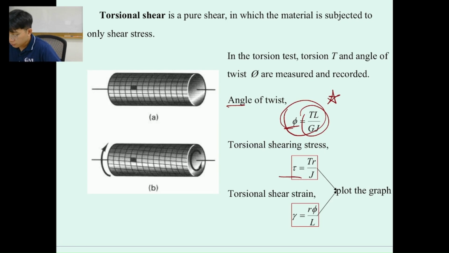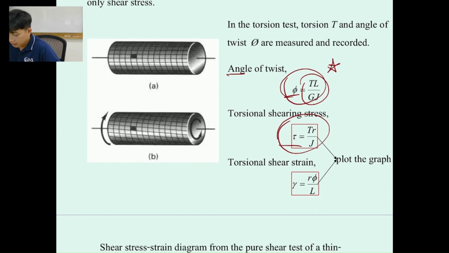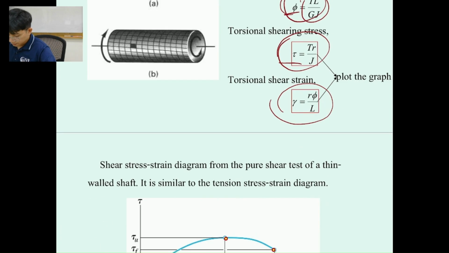And then I'm going to ask you for finding the torsional shearing stress. If you don't know where this comes from, you can go back to the previous video before the midterm, and also the torsional shear strain. It comes from the same theory that I already explained.